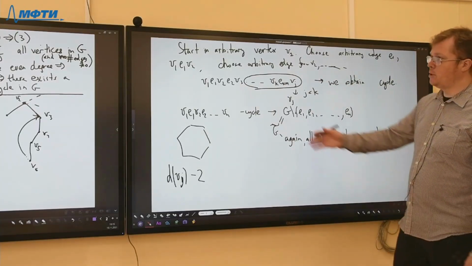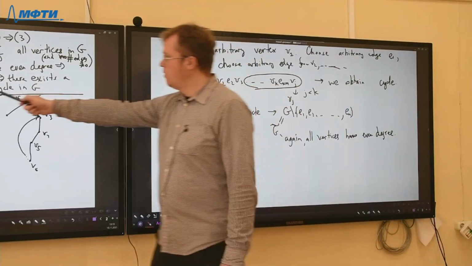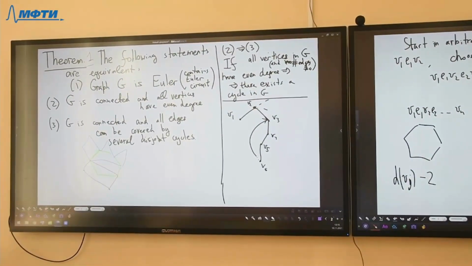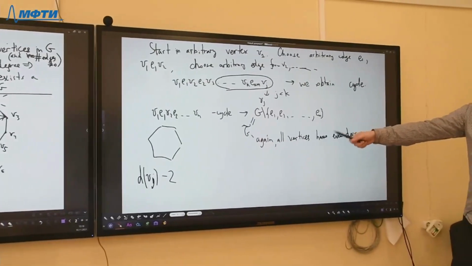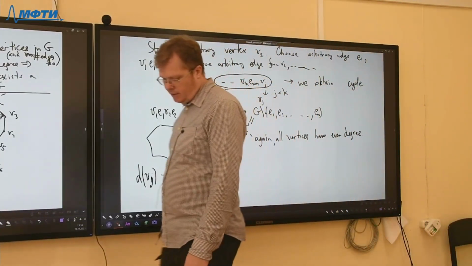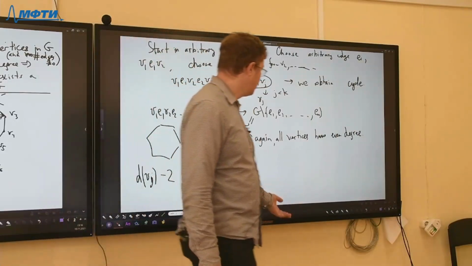So again, we start from our graph, find a cycle, then forget about all its edges, and then we have a new graph where all vertices have even degree. Again, we can find a cycle there, and so on until we have no edges.